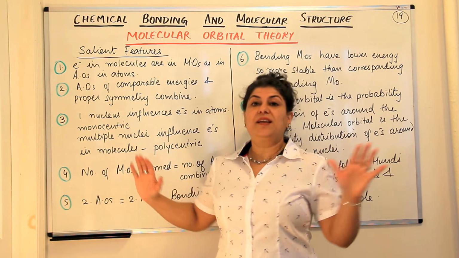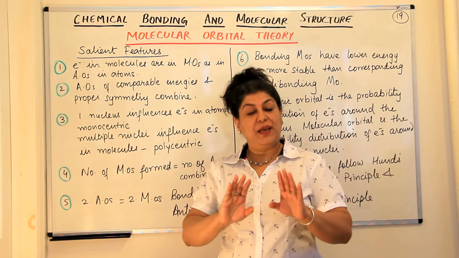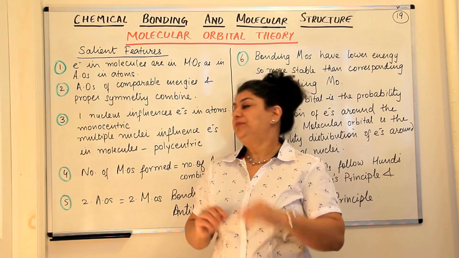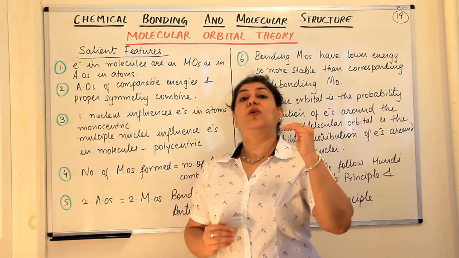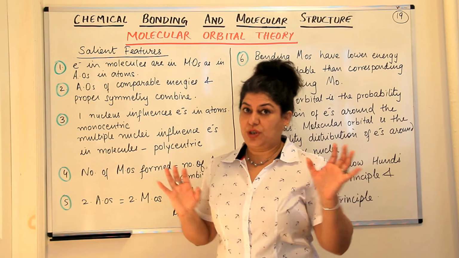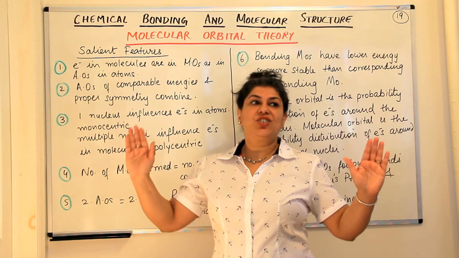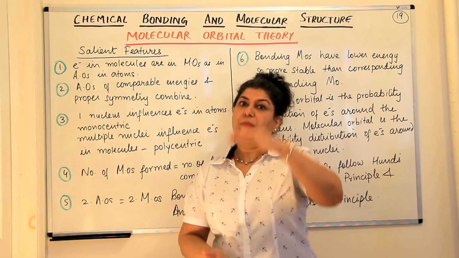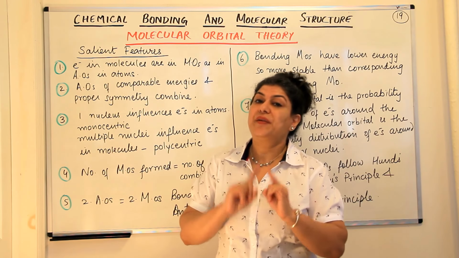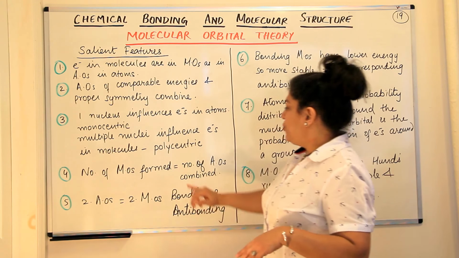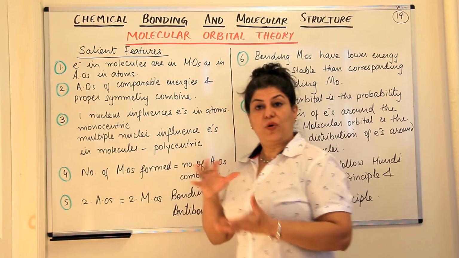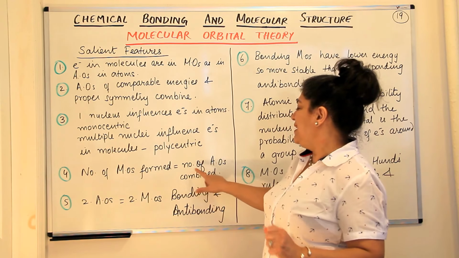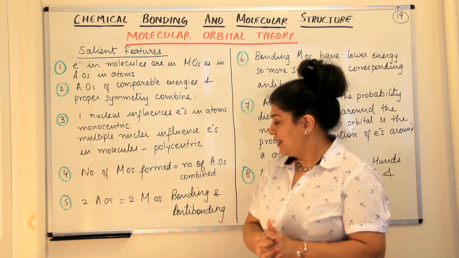So whatever is the number of atomic orbitals that are combining would always be equal to the number of molecular orbitals which are being produced. It is just a redistribution of energy. The number of orbitals remains the same.